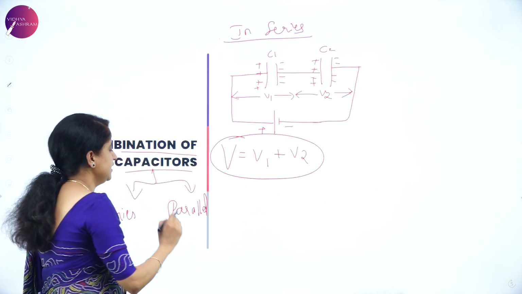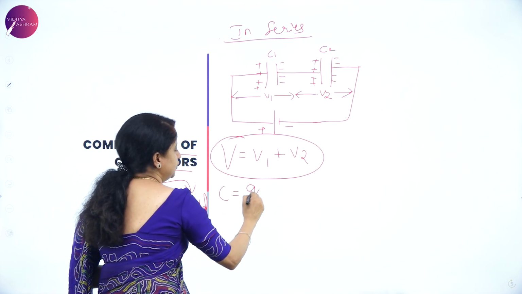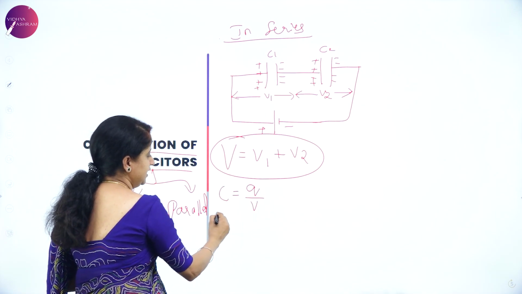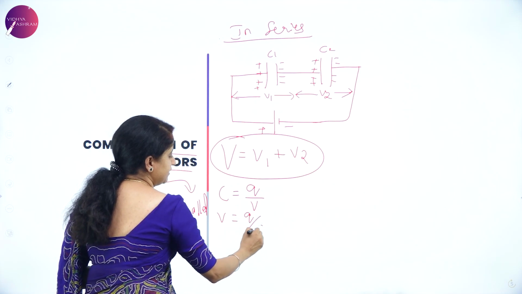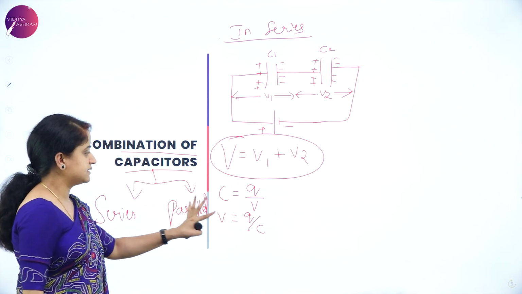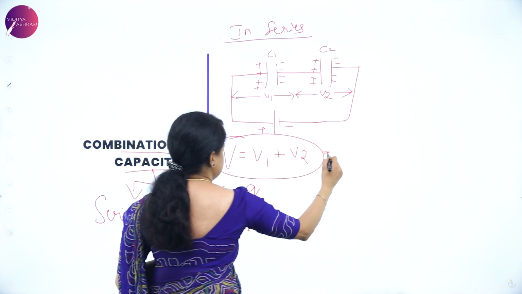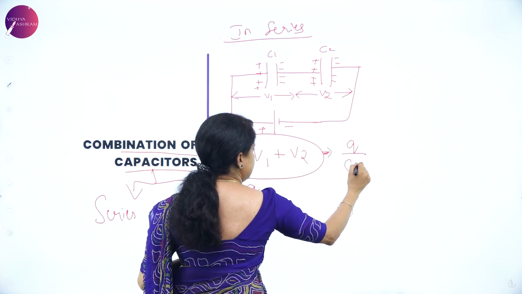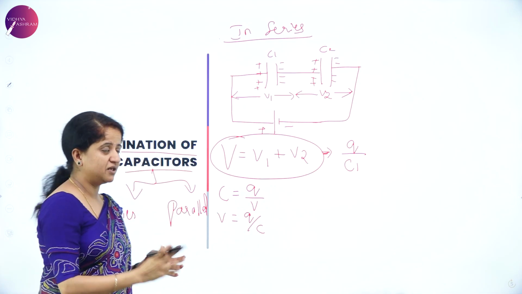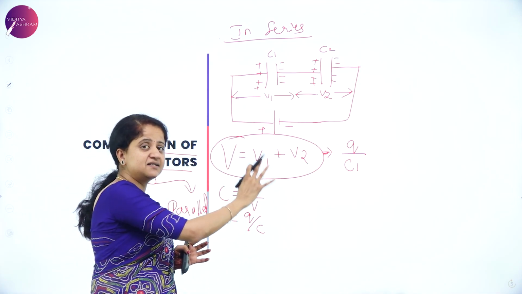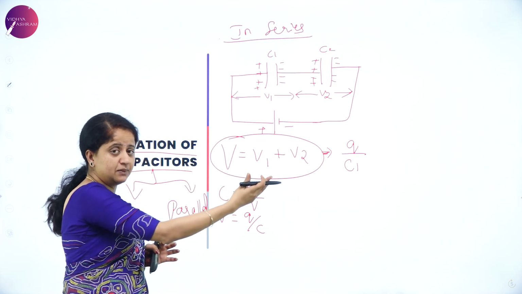Now from the expression C is equal to Q by V, we know V is equal to Q divided by C. So now let us substitute this for V1 and V2. For V1 it is Q divided by C1. Why is it not Q1? Because the condition says the charges remain the same for both capacitors C1 and C2.